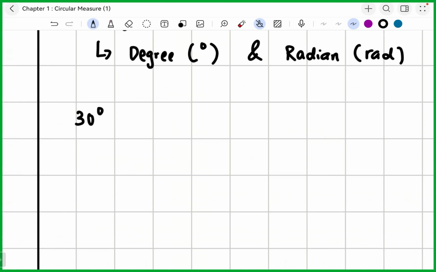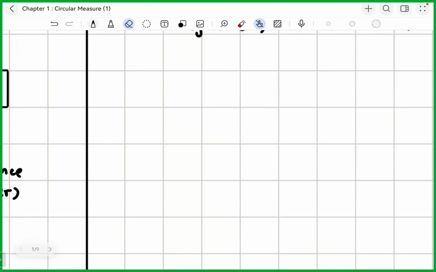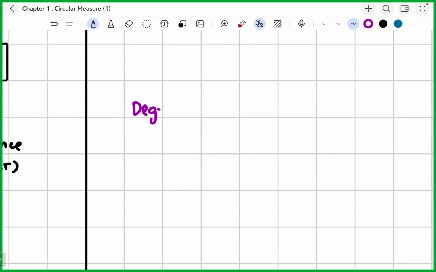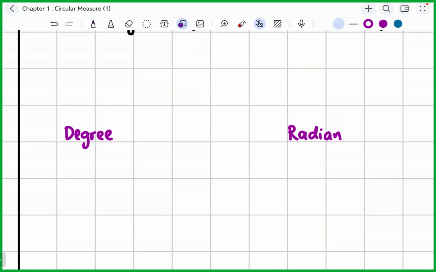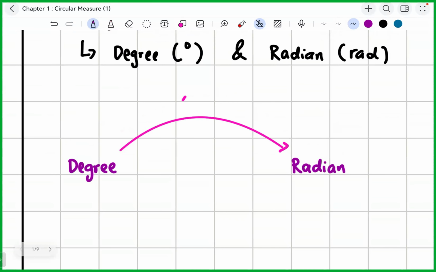I will draw a flow chart for you. Let's say you have degree and radian, 2 units for angle. Every time you want to convert from degree to radian, you have to times pi over 180.